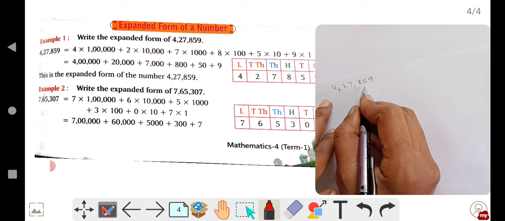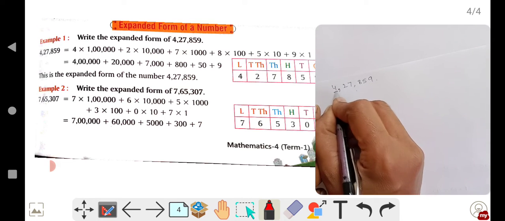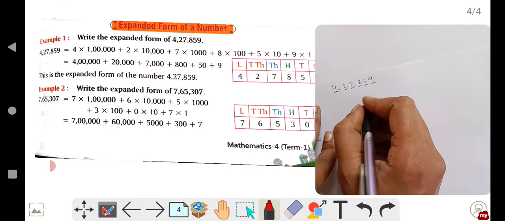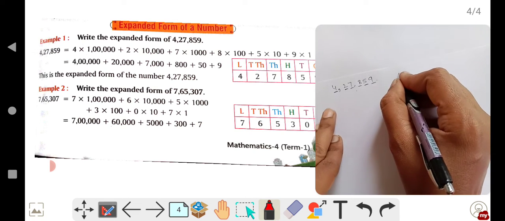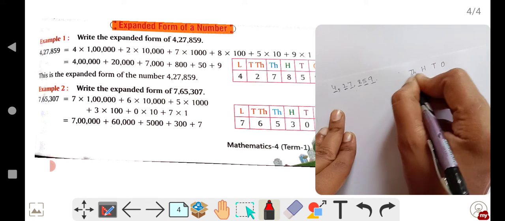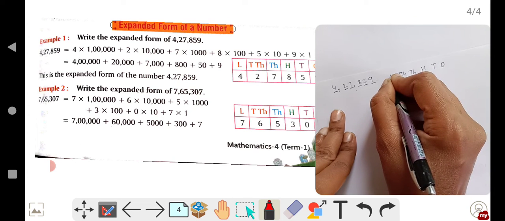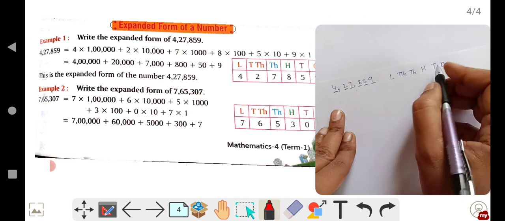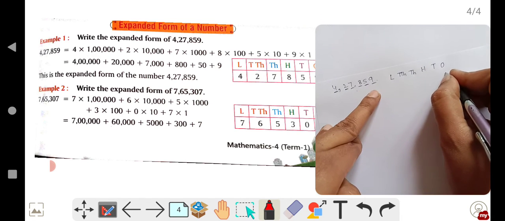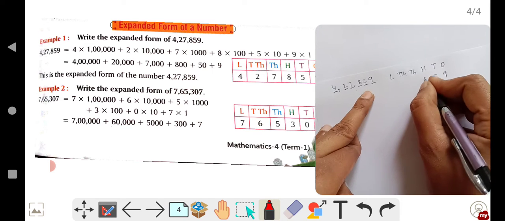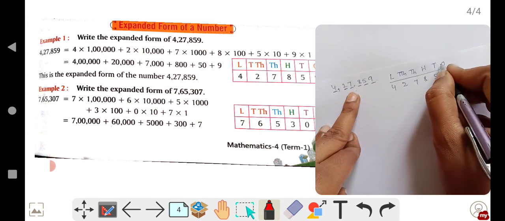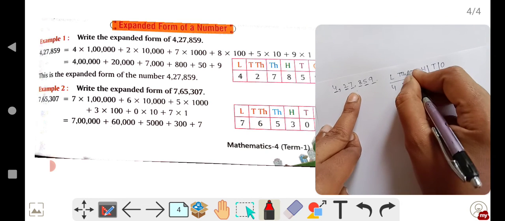Expanded form means nothing but you are expanding each digit with its place value. First we should make the columns ones, tens, hundreds, thousands, 10,000s, then lakh, and write each digit in its respective place. So start from 9, 5, 8, 7, 2 and 4. Now we come to know which digit is in which place.